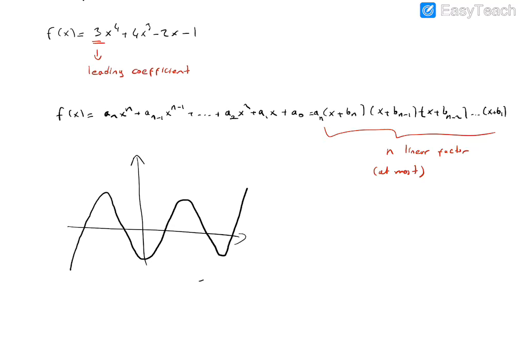So the graph of this function crosses at most 5 times, maybe less than 5. But the degree of f of x is greater than or equal to 5. It can be 6, 7, etc., but at least 5, because any polynomial of degree n has at most n linear factors.